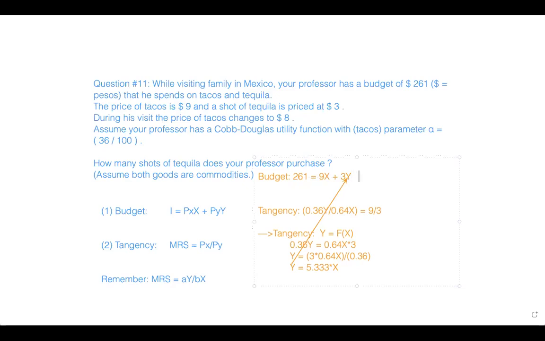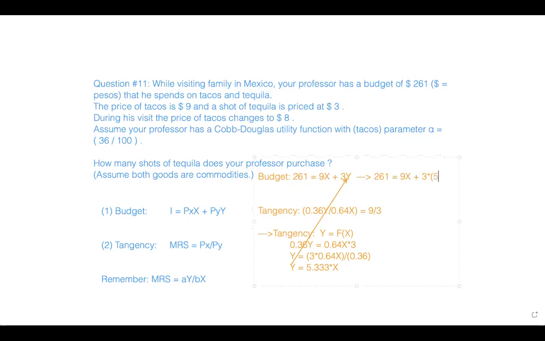So now I'll have 261 is equal to 9x plus 3 times the value of y in terms of x from the tangency equation.